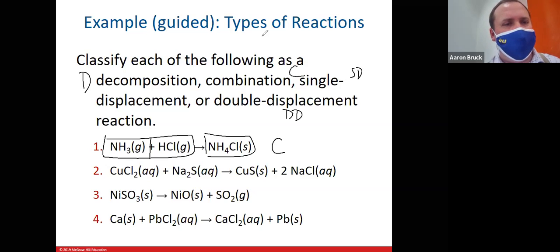In number 2, what I should recognize is that I have common components on each side of the reaction.